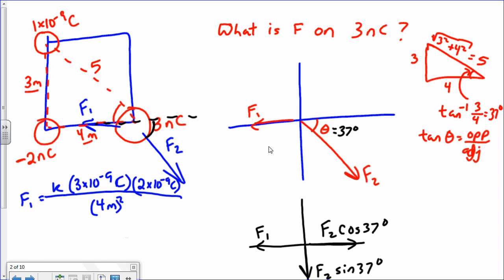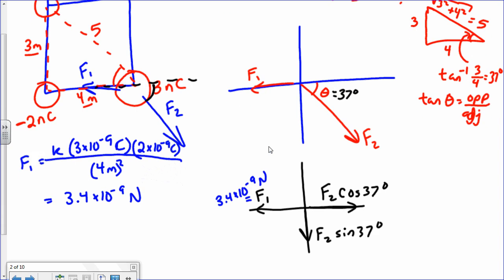So that's just my Coulomb's constant, 9 times 10 to the 9th, times the two charges divided by the distance squared. When we're done with this one, I'll show you a problem like on an old test, for example. 9 divided by 16, I get 3.4 nanonewtons. 3.4 times 10 to the minus 9 newtons. Alright, so that's my F1. This is 3.4 times 10 to the minus 9. Usually on the test I try to have easier numbers.